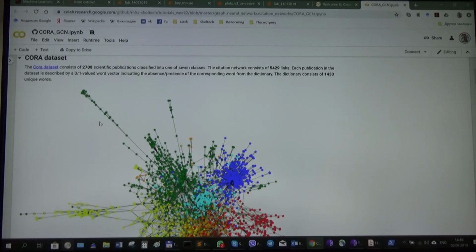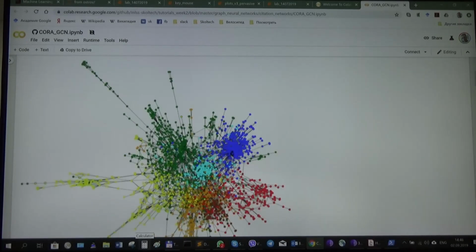Each node has a feature vector, which is just one-hot encoded some of the most frequent keywords in those science papers. Those one-hot encodings are going to be used as features, and the labels are the category of the paper, in which subfield they are actually published. And the edges are citations and references.